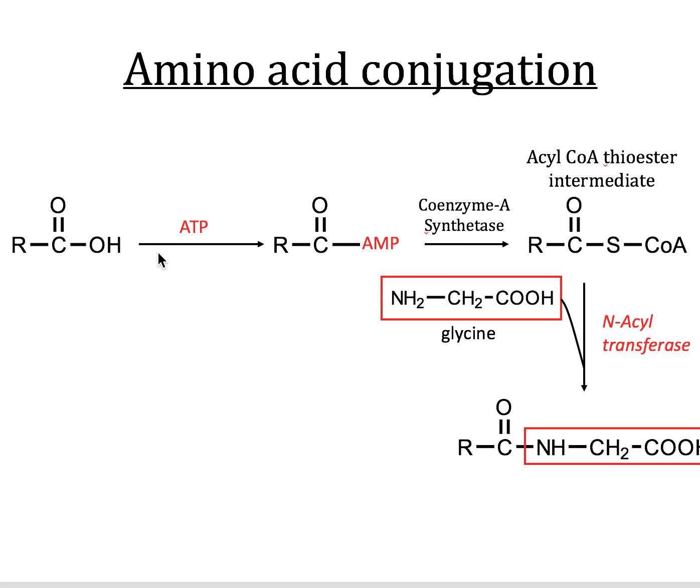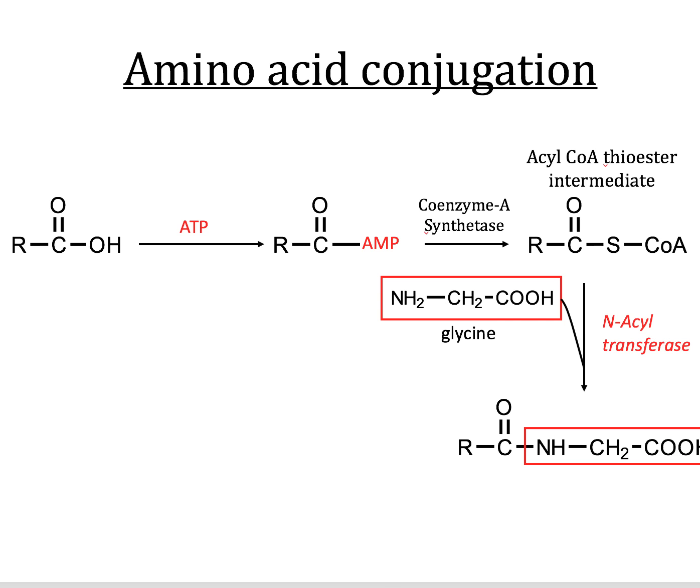It undergoes a process by which ATP is added and then an AMP replaces the OH. Then coenzyme A synthetase removes the AMP and adds the CoA part, which is the acyl-CoA thioester intermediate. So your whole aim is to get to here first before you can get to the amino acid conjugation part.